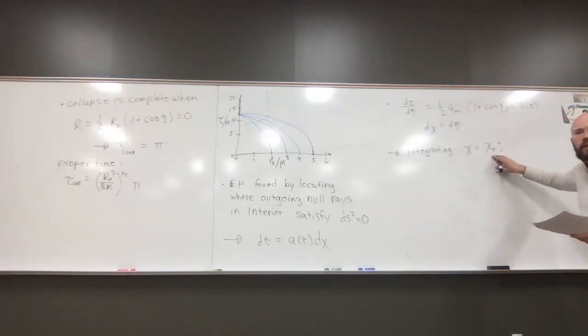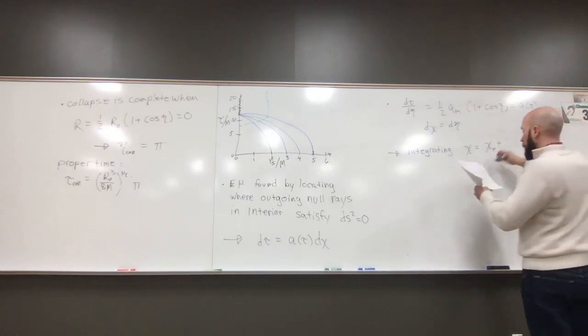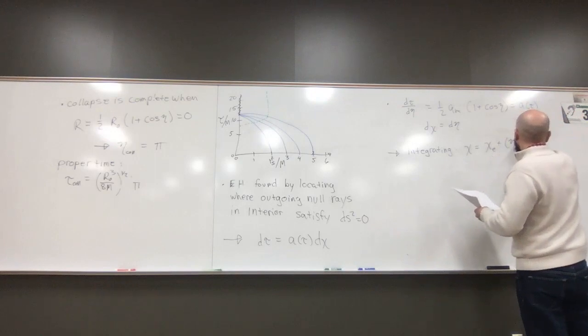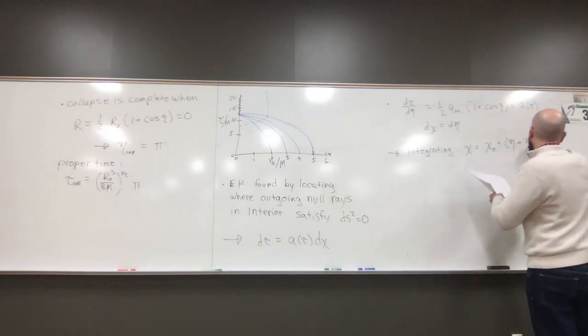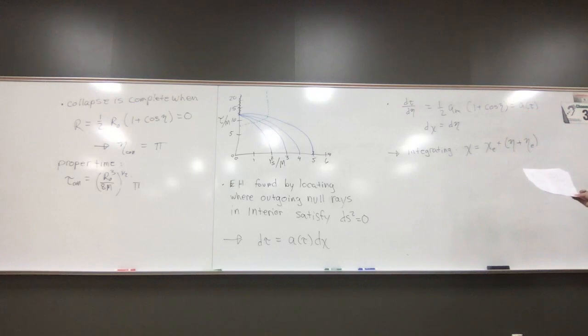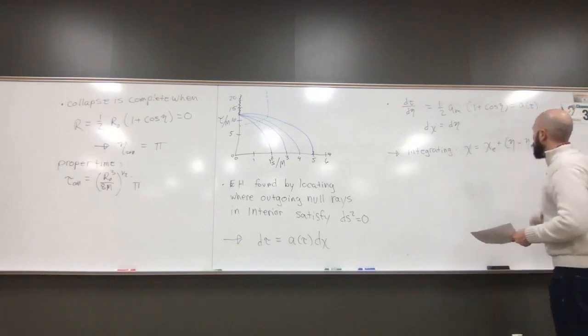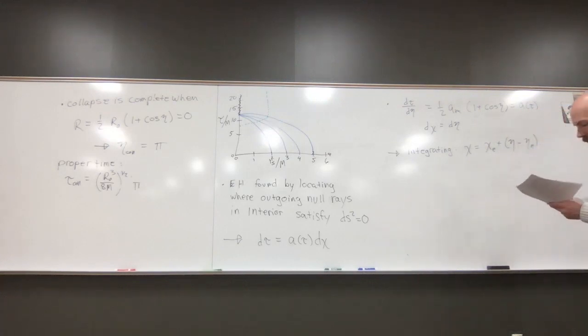This is when the null ray was emitted, and from where the null ray was emitted, plus eta minus eta emitted. Shouldn't this be a minus? That must just be a mistake in my notes.